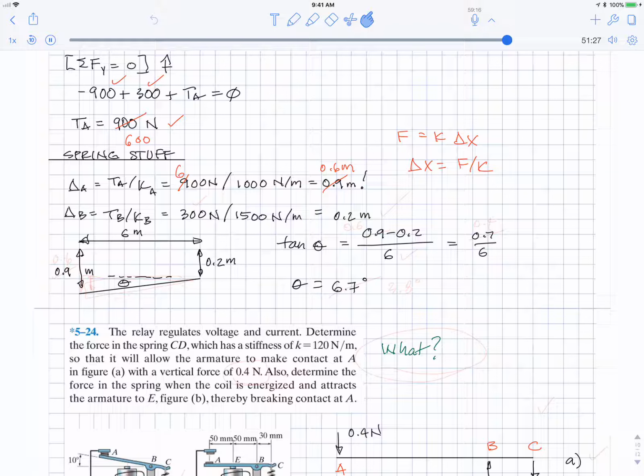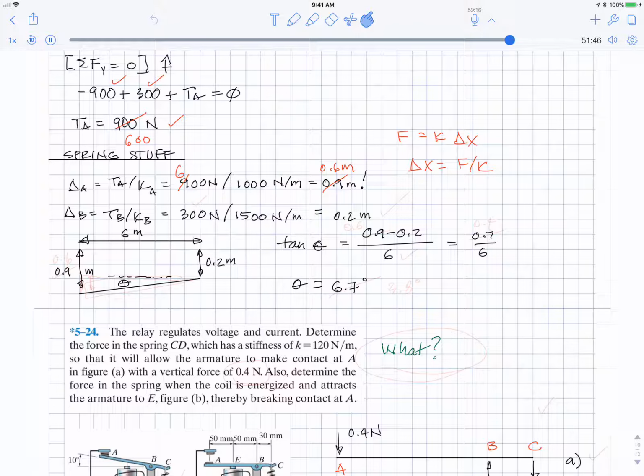Right, 600 newtons divided by 1,000 is 0.6 meters. That's how much delta A deflects. 0.6 meters, that's a lot. That's like, I don't know, 2 feet, right? 2 feet. That's a lot.